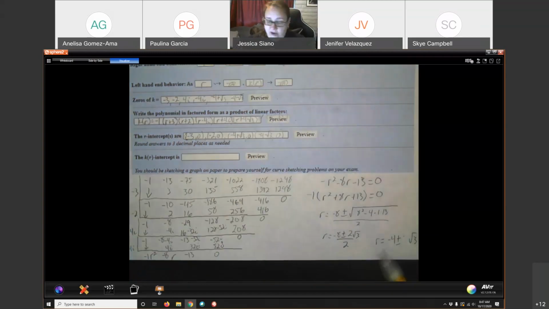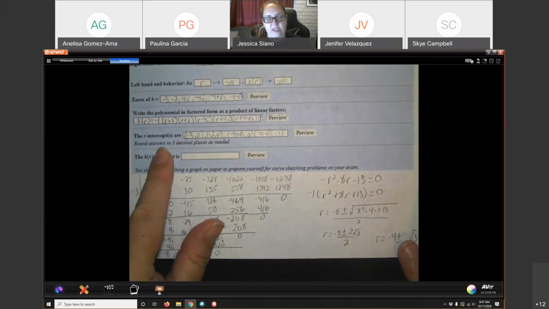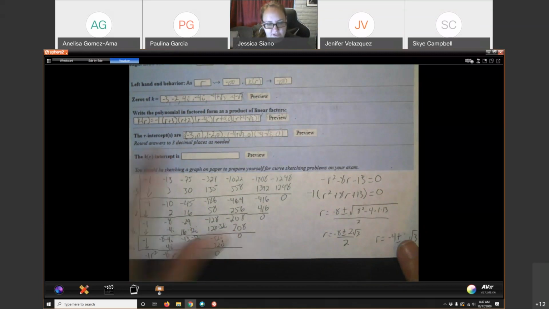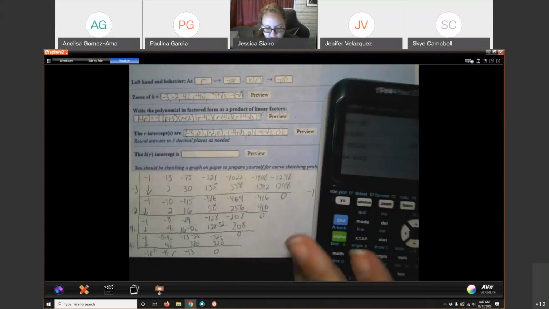We don't include the imaginaries because intercepts are a property of a graph, and a graph only needs real answers. Now I just noticed this says 3 decimal places, so let's figure out what those decimal places are.